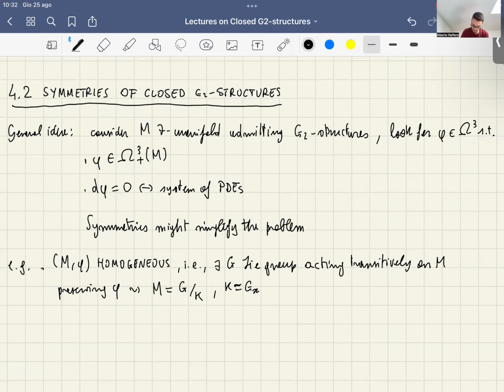let's say x. And if K satisfies suitable properties, if for instance it is compact, so that you can consider a reductive decomposition of the Lie algebra of the Lie group G, let's say for instance as the sum of k plus a complement n, which is invariant under the adjoint action of K, then you can identify n with the tangent space to the manifold at the point x you have fixed.